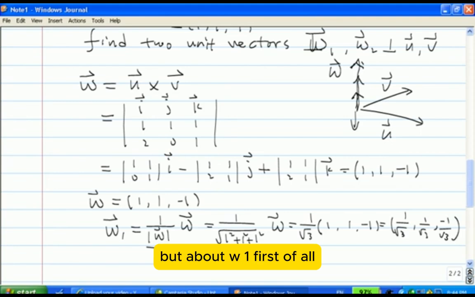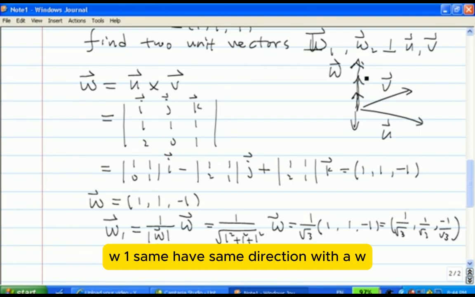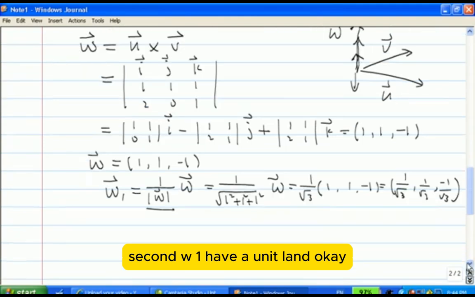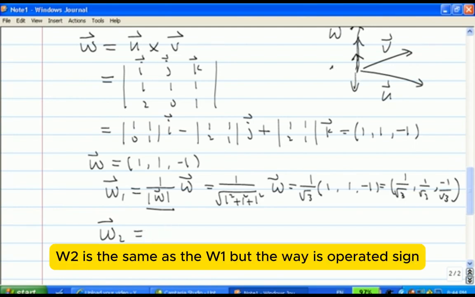Okay, what can we say about W1? First of all, W1 has the same direction as W, which is perpendicular to U and V. Second, W1 has unit length. Okay, so we can find W2. W2 is the same as W1 but with the opposite sign.